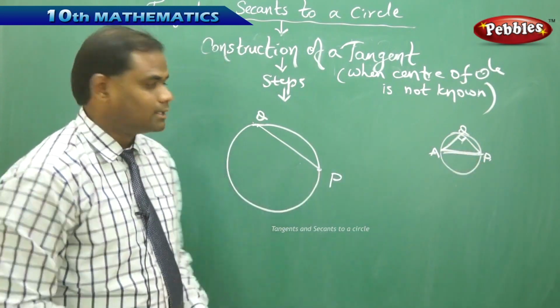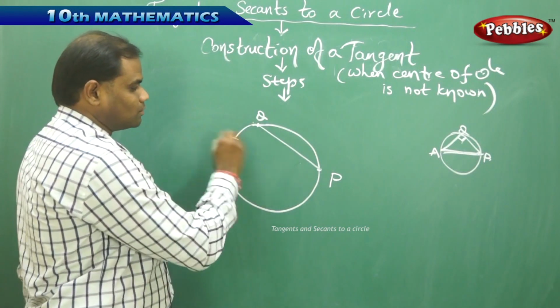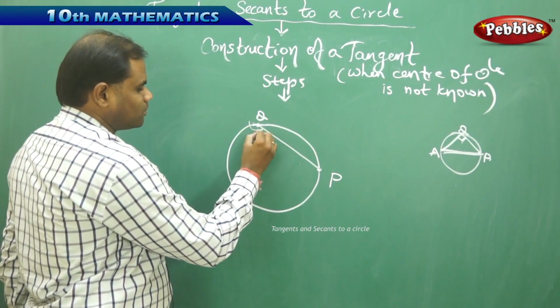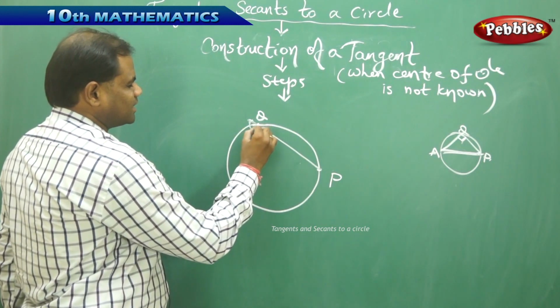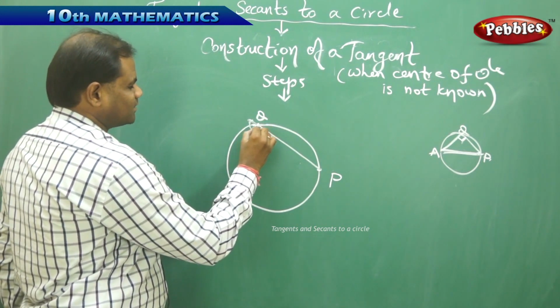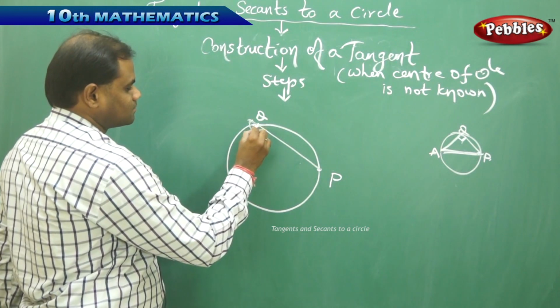So immediately I put my protractor at Q, and then I measure the angle 90, exactly 90 degrees, and then extend.